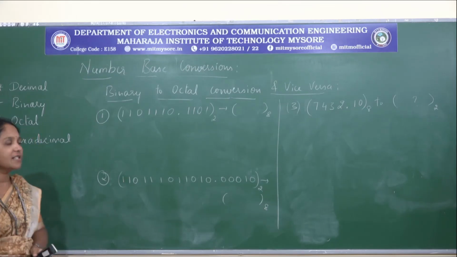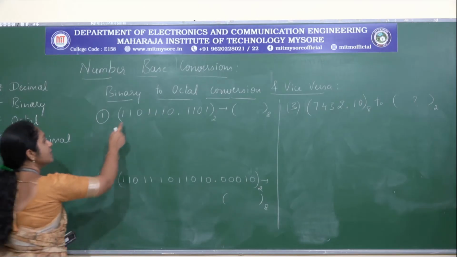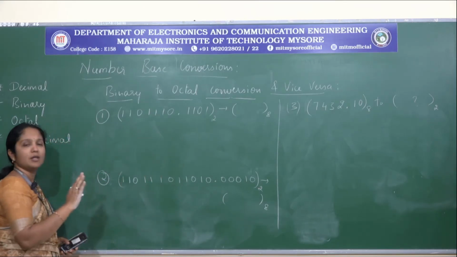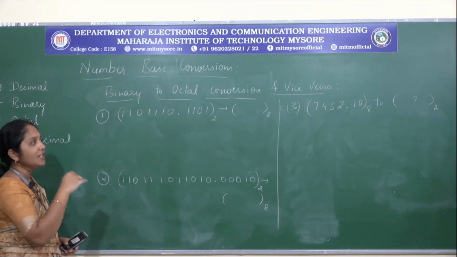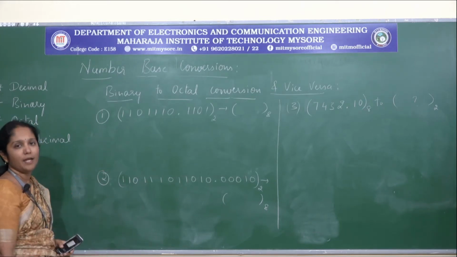I have taken 3 examples already, so you can see, I have written 2 binary sequences and I have written 1 octal number, to show the reverse process of converting from octal to binary.